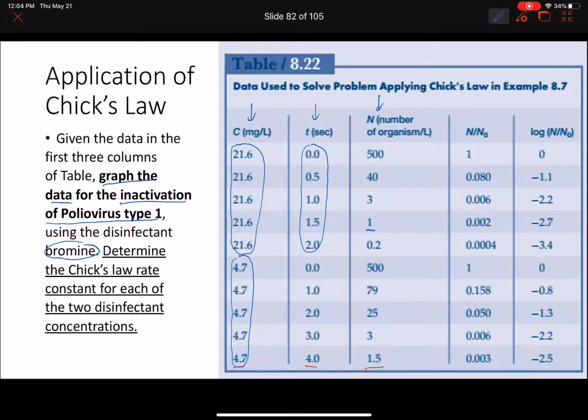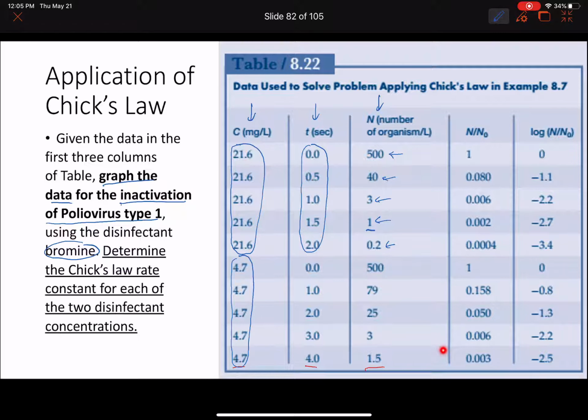And they are checking the number of poliovirus type 1 reduction from 500 to 40, to 3, to finally 1, and then to 0.2. This is the number of poliovirus type 1 reduced from 500 to 0.2.